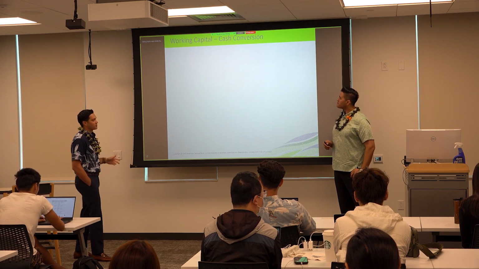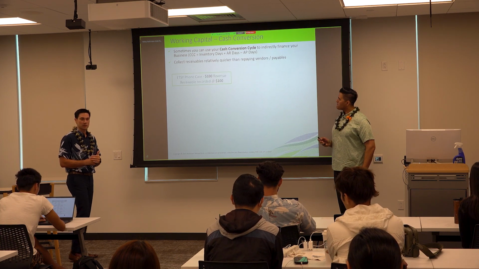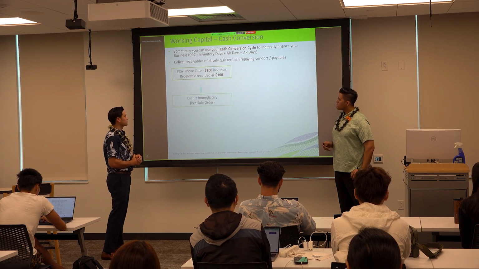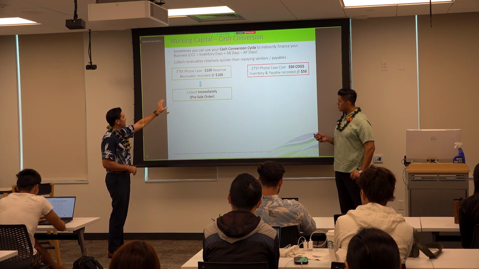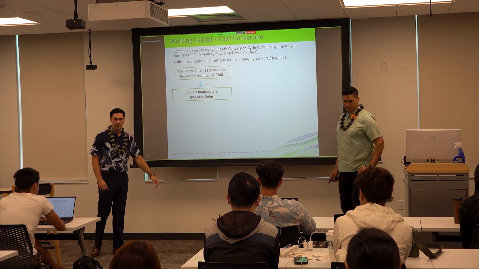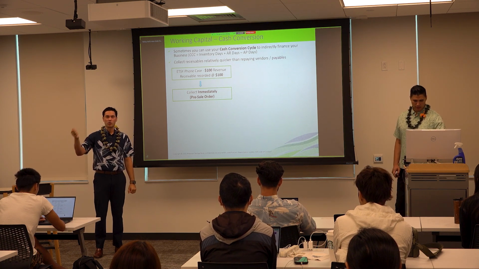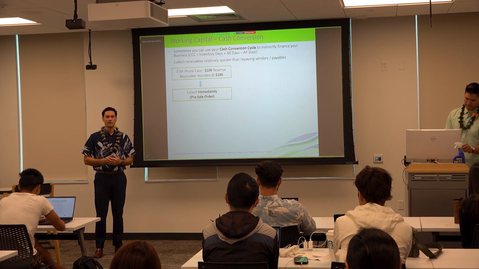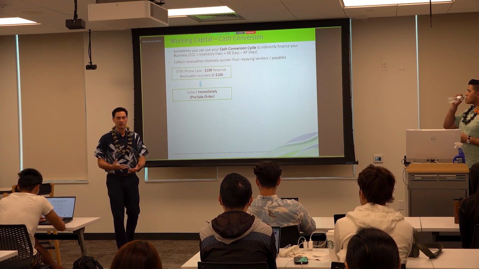Okay, so we're going to go over a pretty simple example of how to use the cash conversion cycle to your advantage. Let's use a bigger company, Tesla. Pre-orders: before they even made the vehicle, they're getting orders and people are putting deposit money down.